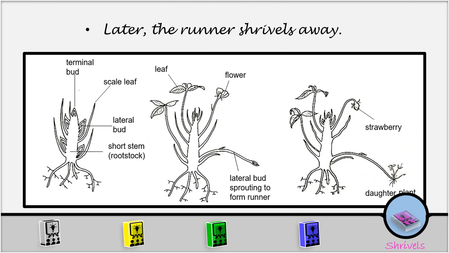Later on, these runners are going to slip away. Now, when a runner slips away, of course, it is going to break away. Now, these two plants are going to be separated.